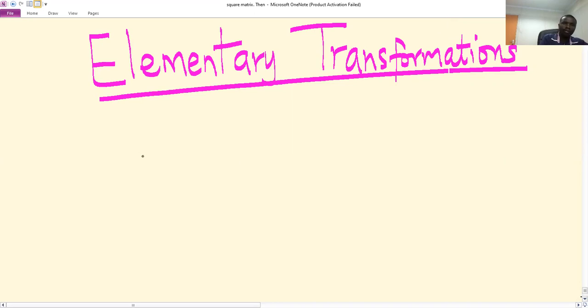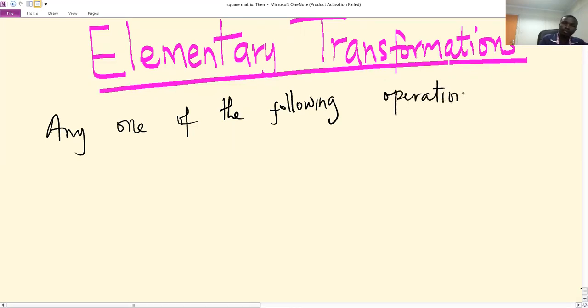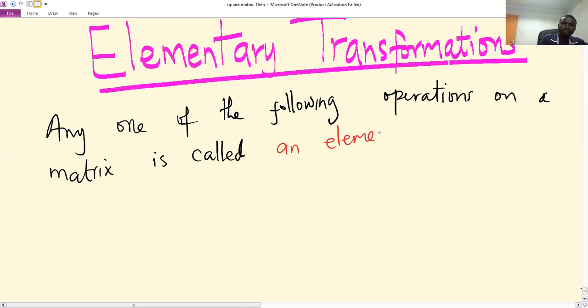Any one of the following operations on a matrix is called an elementary operation or transformation.